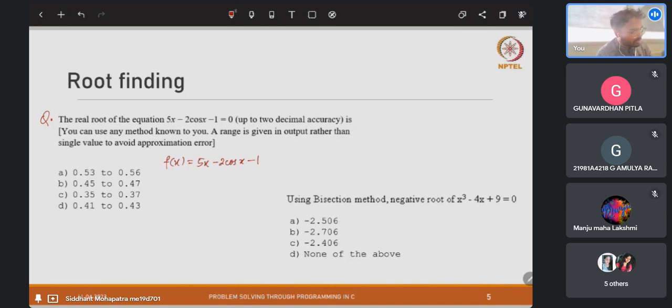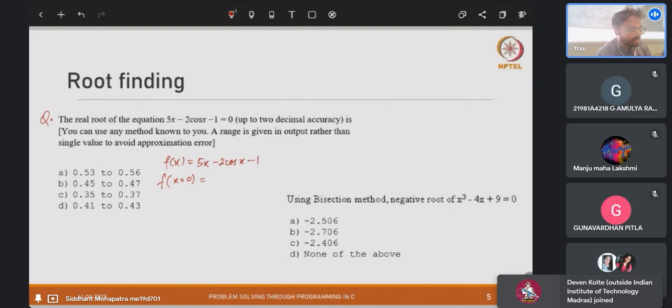We need a single initial condition for the Newton-Raphson method. Let's say I take x equal to 0. Now what is f of x at x equal to 0? It would be minus 2 cos 0 minus 1, so minus 3 basically.